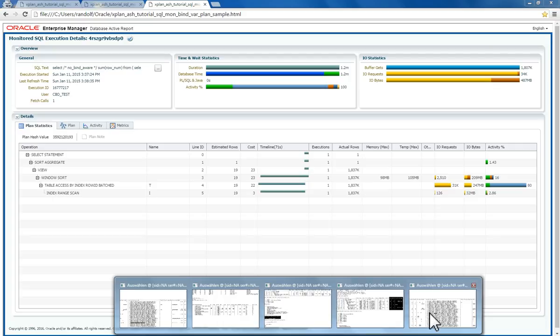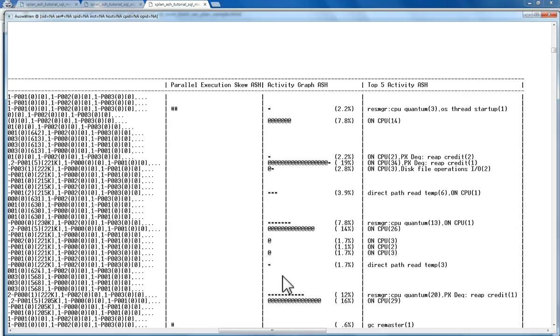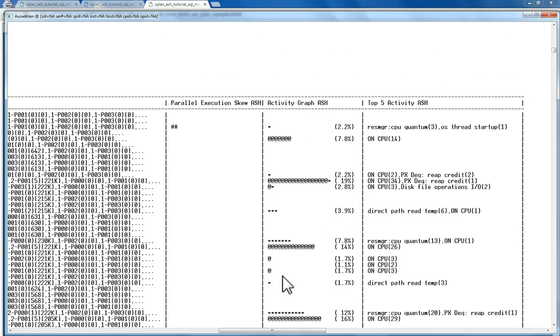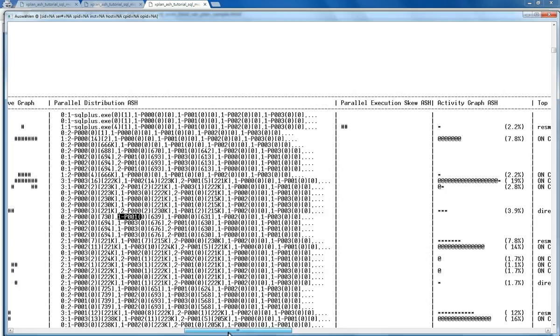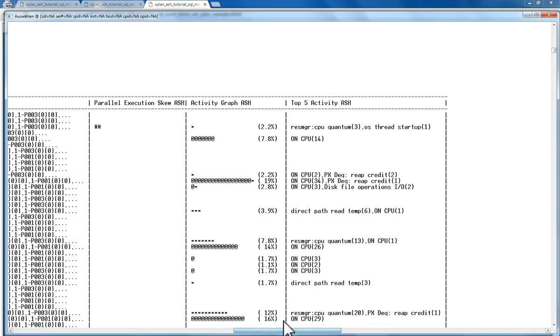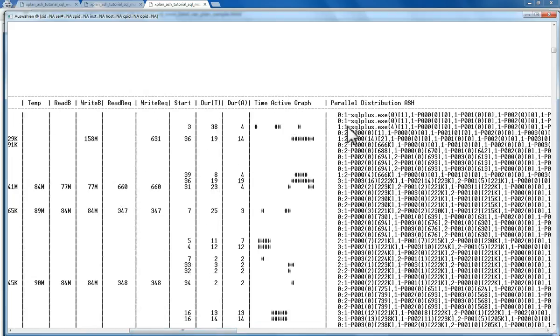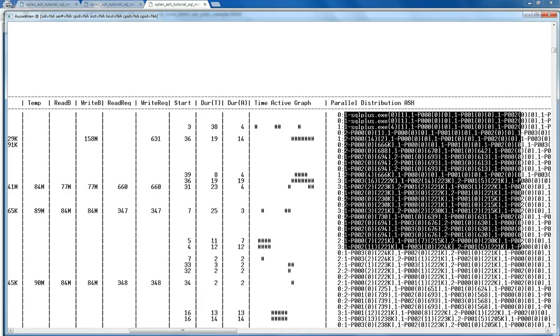Well, I think that pretty much is what I wanted to point out. Maybe something I might pick up in another part of this series is that you can configure this. For example, here it says the top 5 activity. If you want to see only the top 3 or the top 10, you could configure this in the script configuration section. Likewise, I think it can be configured how many processes are shown.